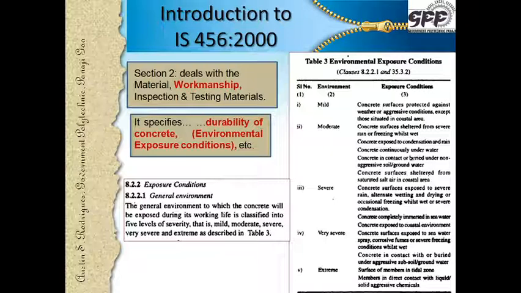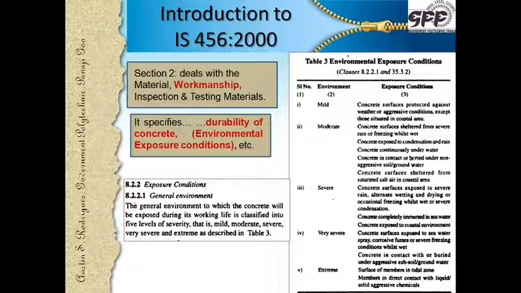Let us have a look at the very severe one. The level 4, very severe, talks of concrete surfaces exposed to seawater spray. Well, seawater spray is the vapor, the bubbles which are created by the brushing of the waves. We have our beaches, we have our waves which are formed in the ocean and the sea, or rather the Arabian Sea. These waves release bubbles in air.